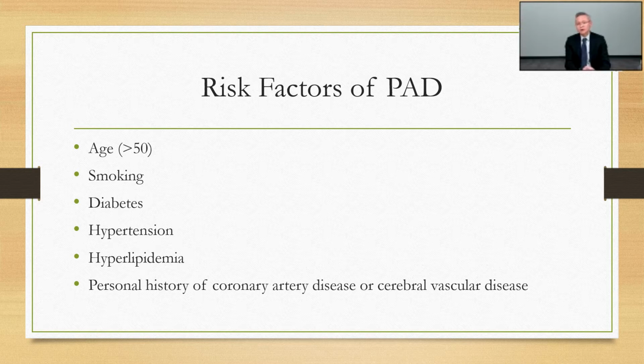The smoker has 4 times the risk of having PAD compared to the general population. And among all the risk factors, smoking is the most modifiable risk factor. One can decide to quit smoking and can get rid of this risk factor quickly.